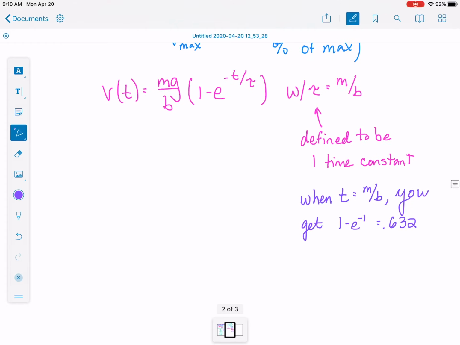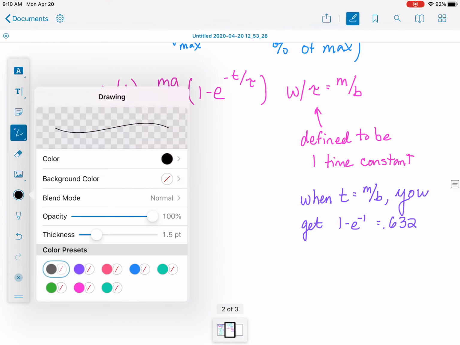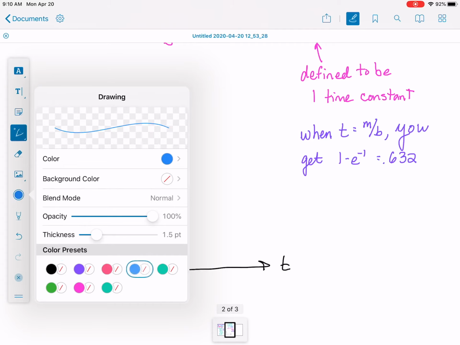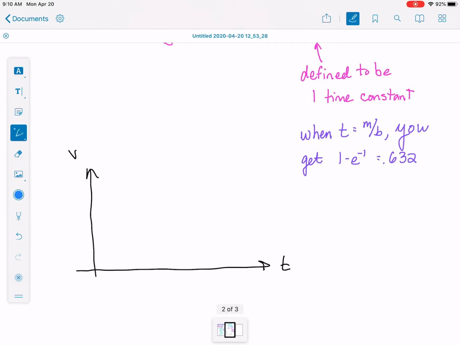So if I'm plotting this, here's my v, here's my t, velocity as a function of time. There is some max velocity. Here's my v max.